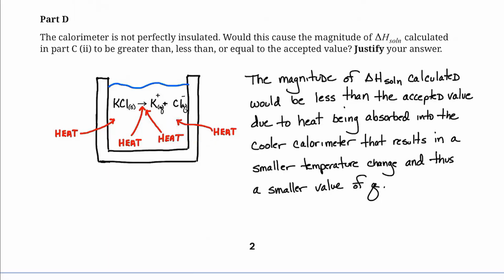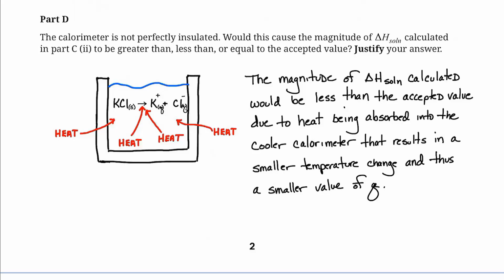Now, if heat is flowing in, whether through the side or the top here, we're contributing energy from the surroundings into a solution that's supposed to get colder, so the temperature change will not drop as much as we expect or predict, because we keep adding heat from the environment through the lack of insulation. So we got a value of negative 3.4, if you remember in the earlier questions. Well, it's going to be a smaller temperature change.